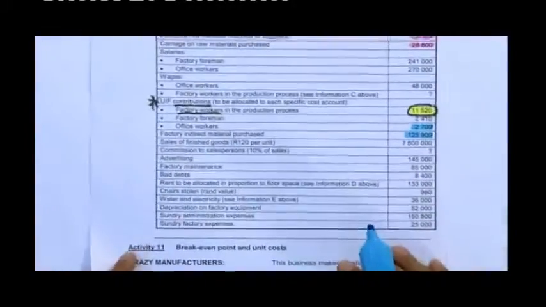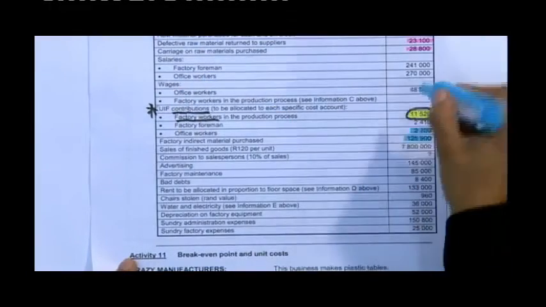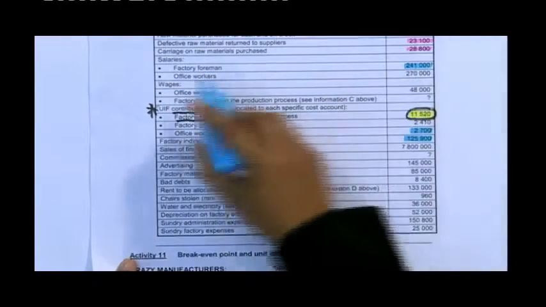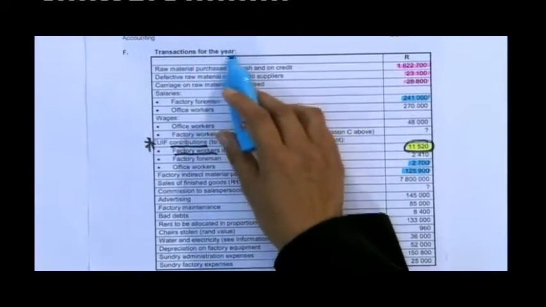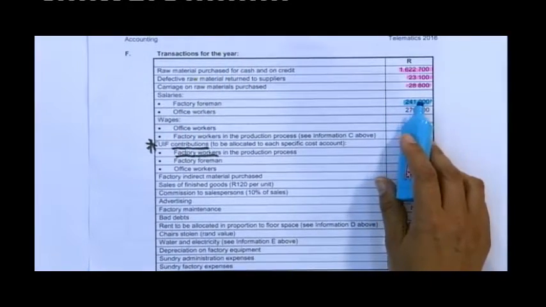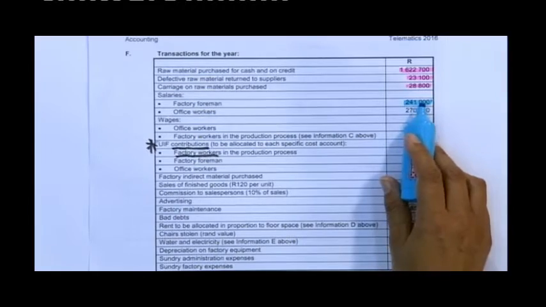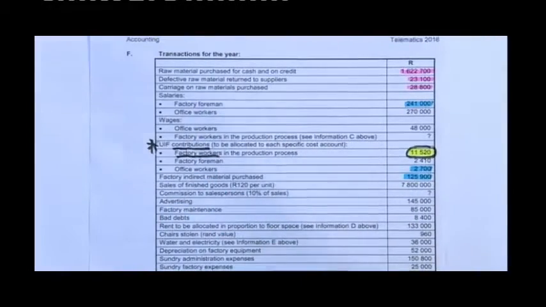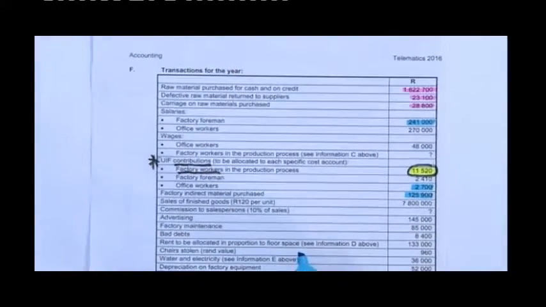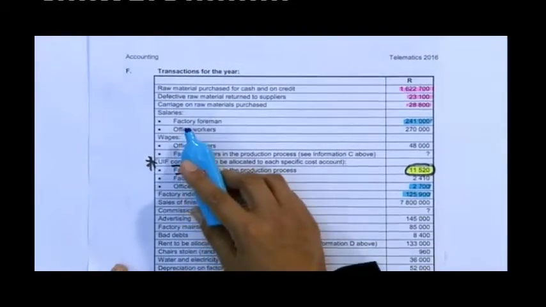And here we have it, factory foreman, that is his annual salary. He earns a salary, transactions for the year. So that's not a monthly salary. Please don't times that by 12. That's also a common mistake that people make. The information presented here is for the entire year unless otherwise stated in an adjustment or in additional information.